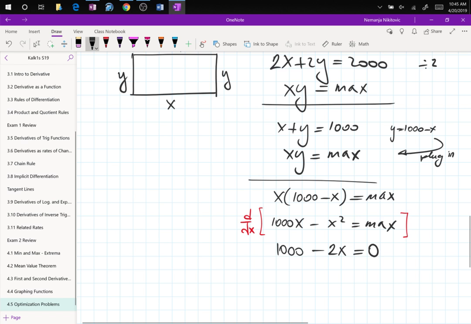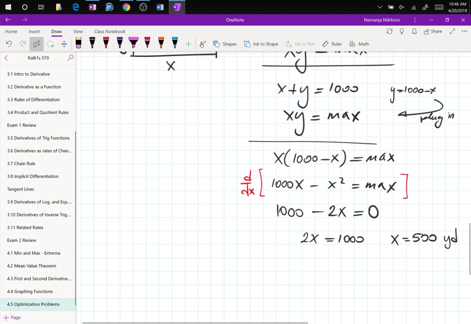The derivative of max is 0, because max is going to be some area, I don't know, 25,000 square yards. 25,000 is a number. When you take the derivative of it, you get 0. So now from here, 2x equals 1,000, x equals 500 yards.